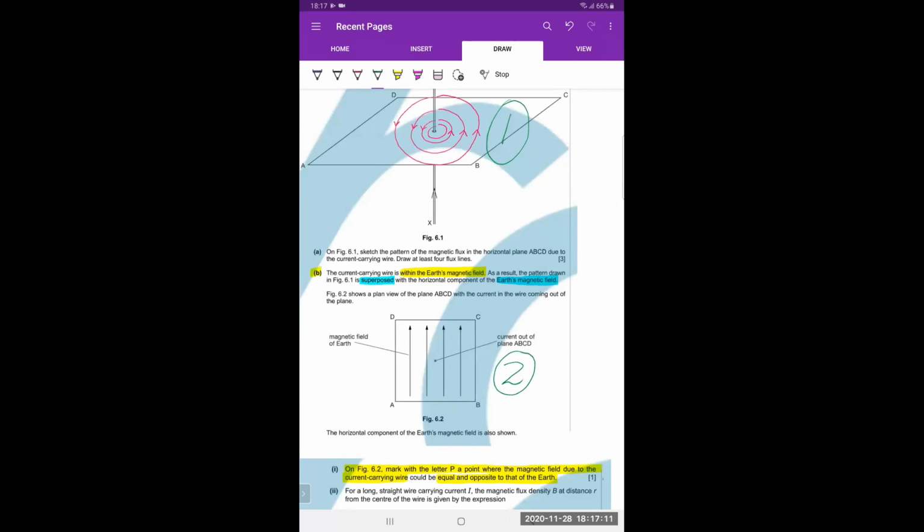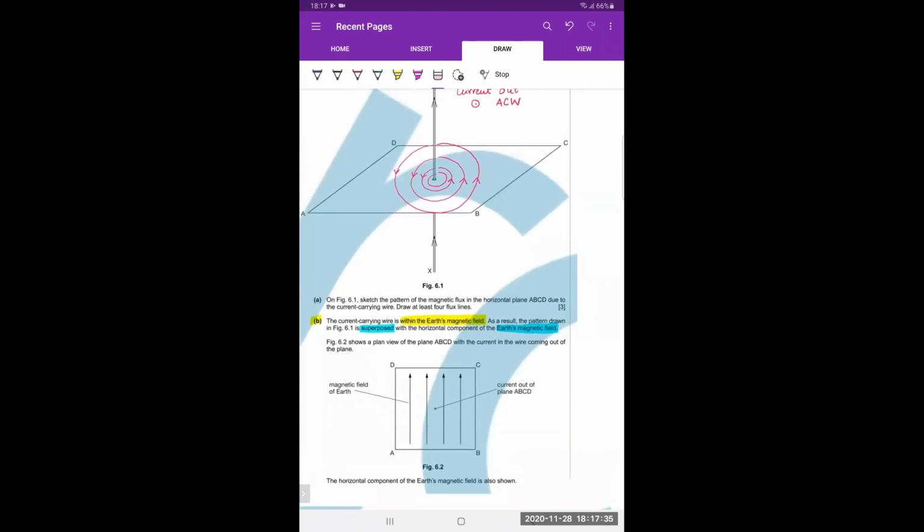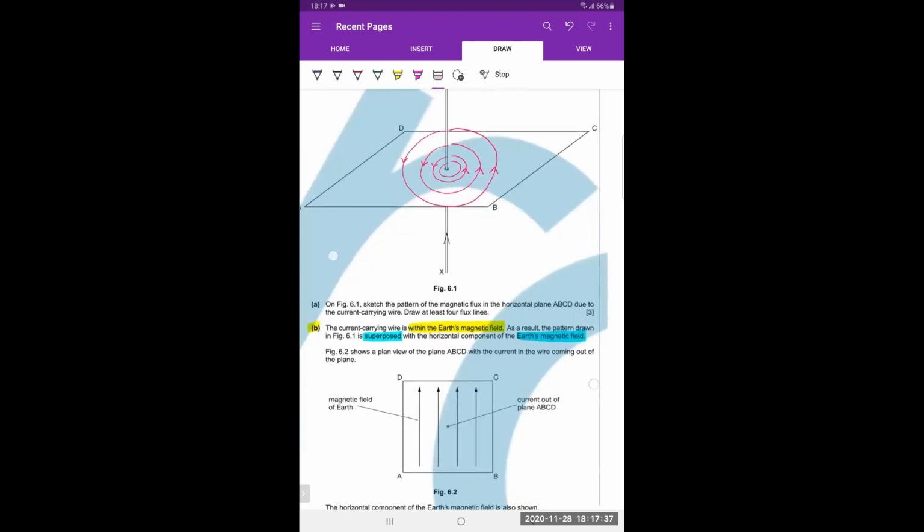So one diagram is constructed by us, that's the field of the wire. And one diagram is given by them, that's the Earth's field. And the question is asking you to locate a point where you would expect these two fields to balance out each other, equal and opposite. Can you all realize कि अगर मैं वायर की फील्ड को नीचे वाले डायग्राम पे सुपर इम्पोज करूं, which I'm doing right now.